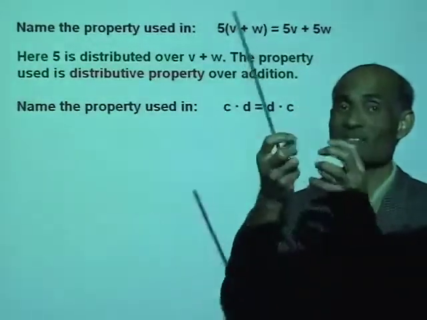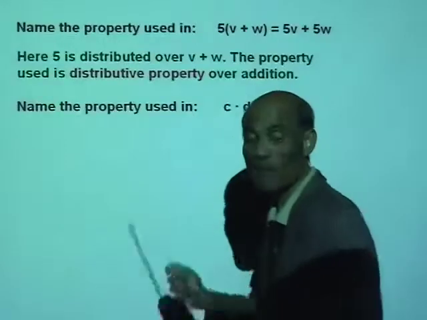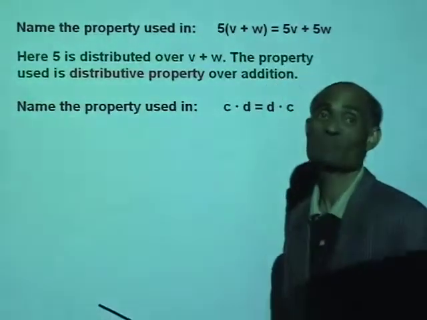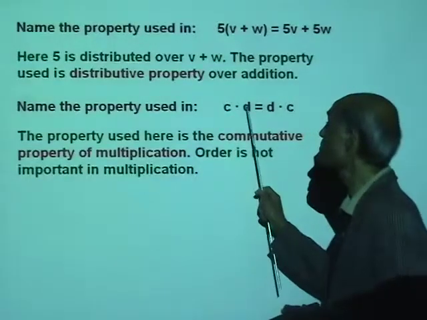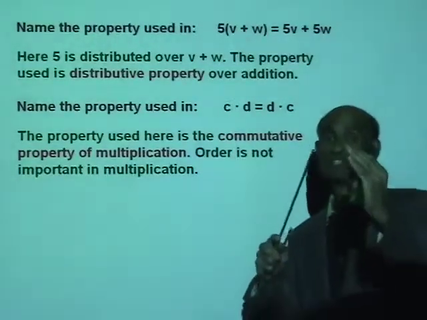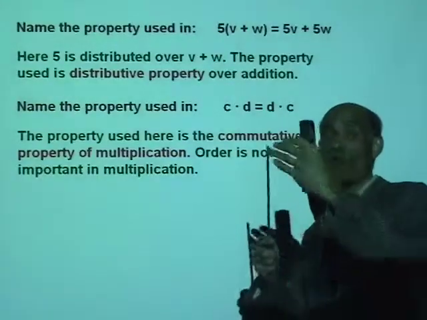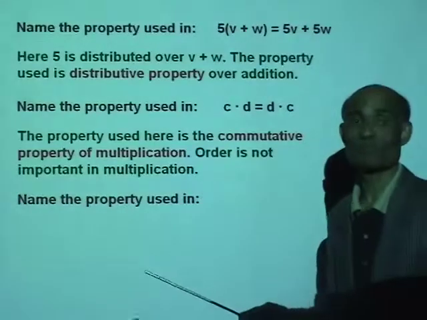What's the process? Commutative. In other words, this is the commutative property of multiplication. Is that right? Commutative property of multiplication. You can multiply C with D or D with C, you get the same result.